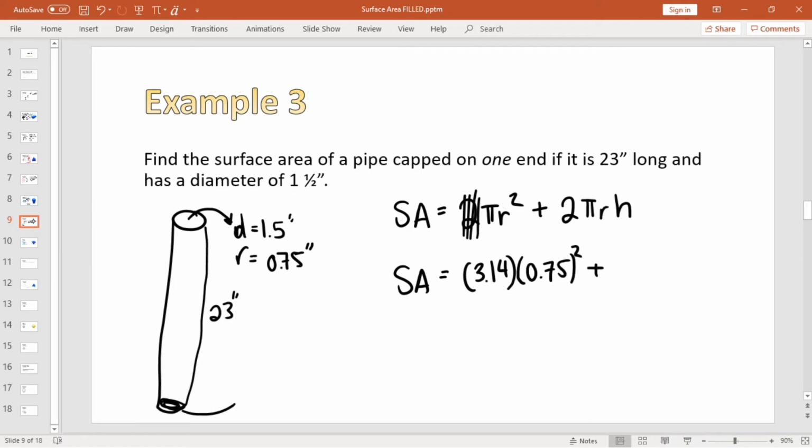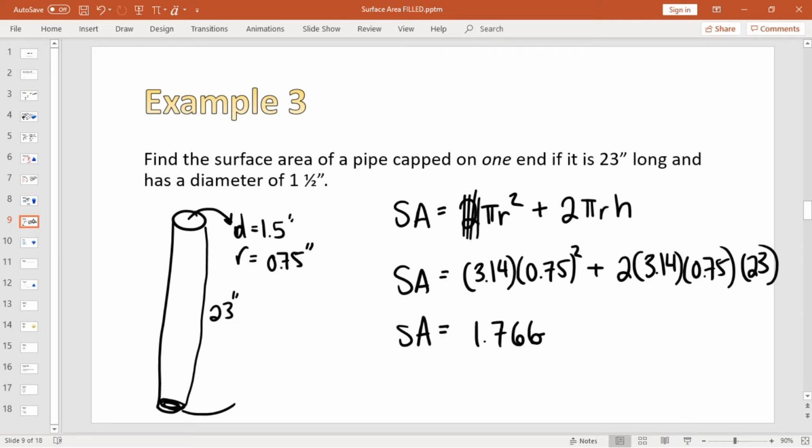And then for the wrapper, 2 pi times 0.75 times the length of the pipe, which is 23 inches. When I do that math, I end up with 1 point something, and it's going to be added to 108.33, and you're going to get 110, and I'm just going to round a bit, 0.1 square inches.